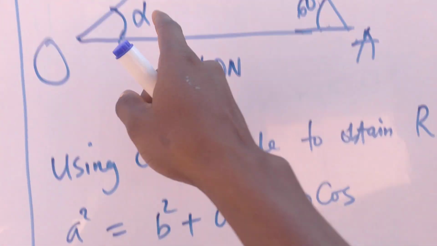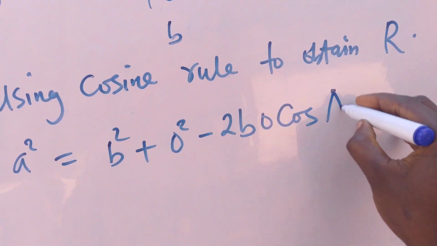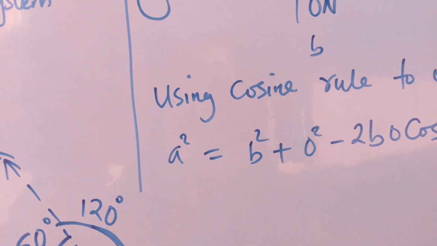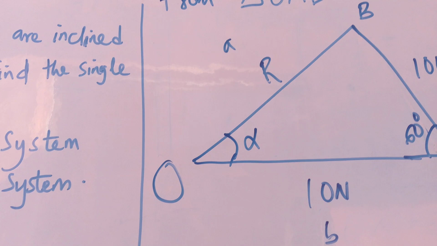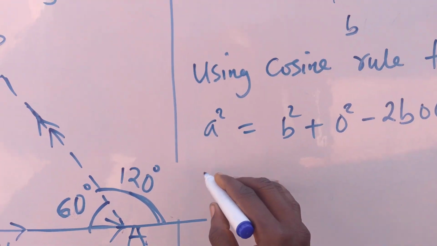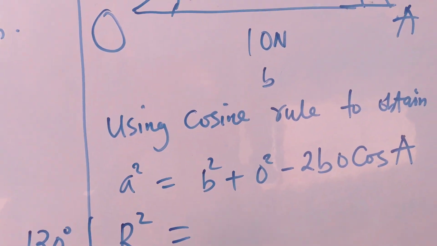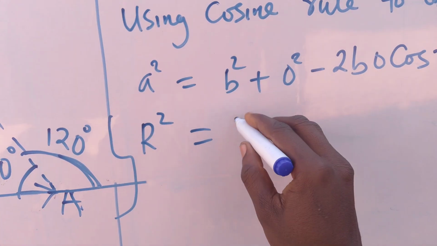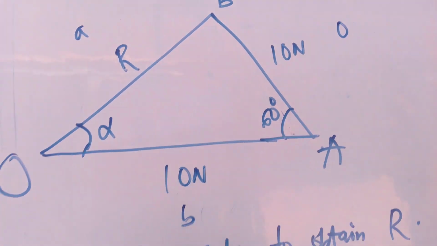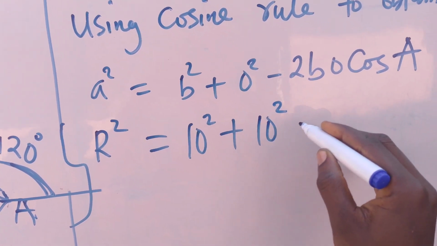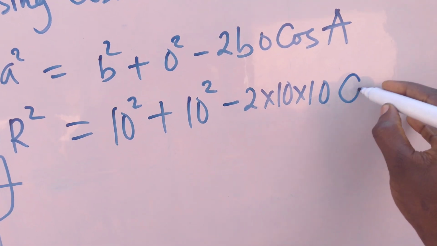Since I'm looking for a, the angle will be at point A, cos capital A. Small a is my resultant, R. So R square equals small b is 10, that's 10 raised to power 2, plus small o is also 10, that is 10 raised to power 2, minus 2 times 10 times 10 cos.